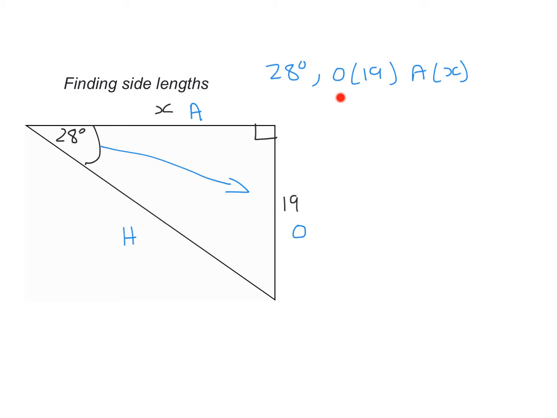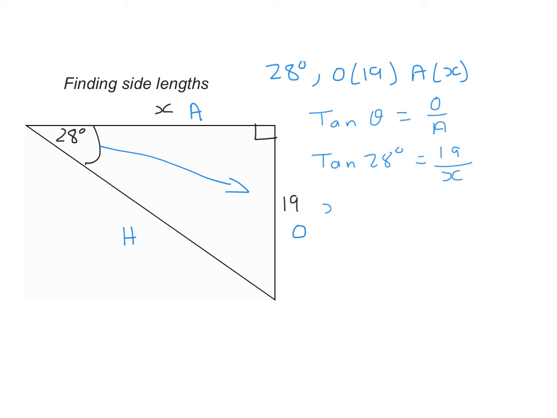So what rule uses opposite and adjacent? That would happen to be the tan rule. So tan of my angle equals opposite over adjacent. I put in the information I know, so I know that tan of 28 degrees equals my opposite, which is 19, and my adjacent is going to be my pronumeral x.